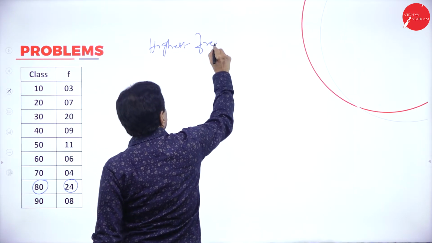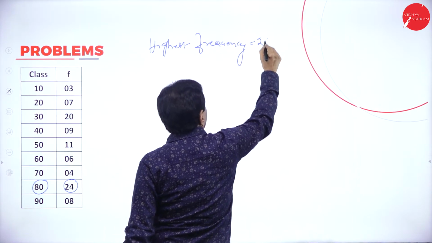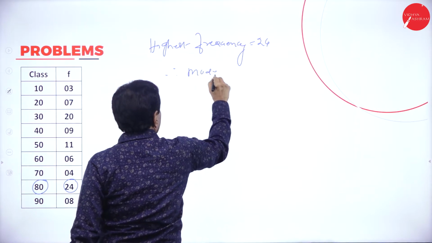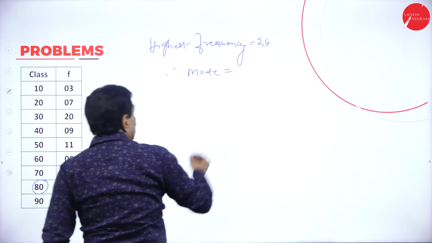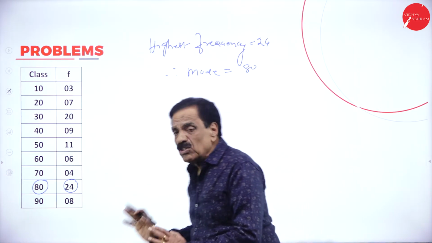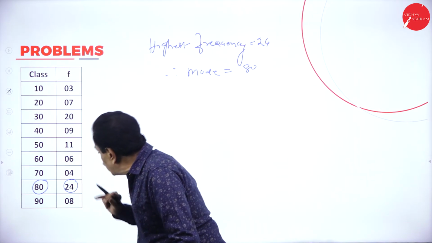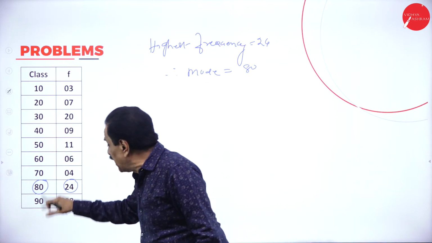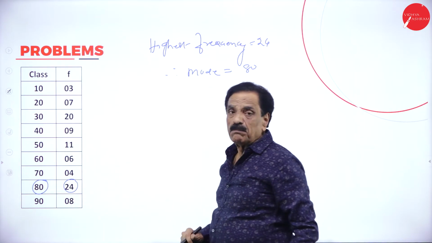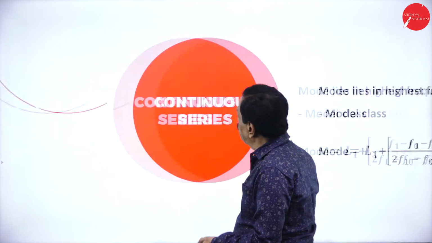Therefore, mode is equal to the constant value, 80. So what is the step to do? Find out which is the highest frequency here. 24. The constant value is 80. So mode is equal to 80, meaning the model class is 80. We'll go to the next one.